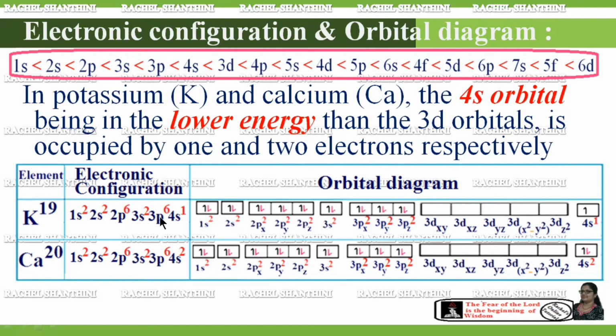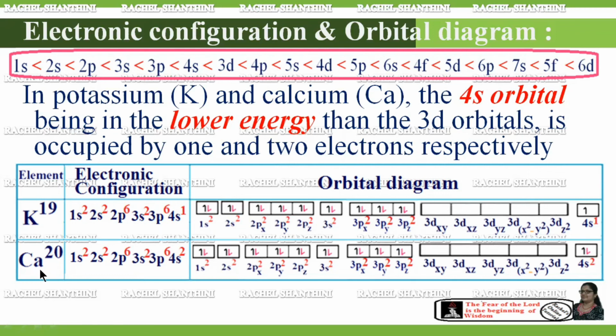On the whole, we have completed 18 electrons. But in potassium, we have 19 electrons, right? So 19 minus 18, the remaining 1 is there. That electron won't occupy the 3d orbitals. Instead, it will occupy which orbital? 4s orbital. Because 4s orbitals are lower in energy than 3d orbitals. No need for you to draw these empty orbitals like this, okay?